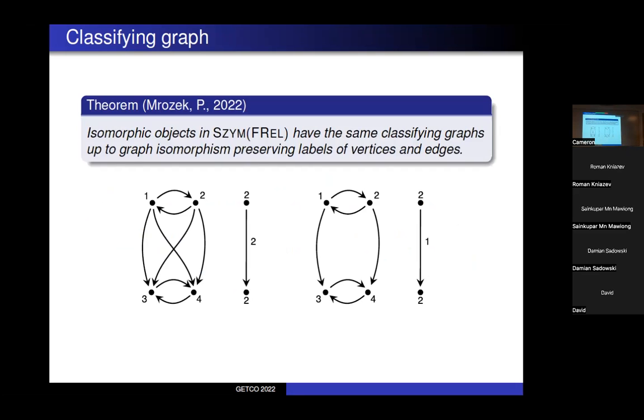Both of them have two components of period 2, but the number of connections is different. The first one has the number of connections equal to 2, the second one has the number of connections equal to 1. So those two relations are not isomorphic in Szymczak category.